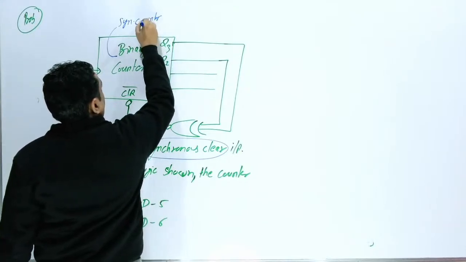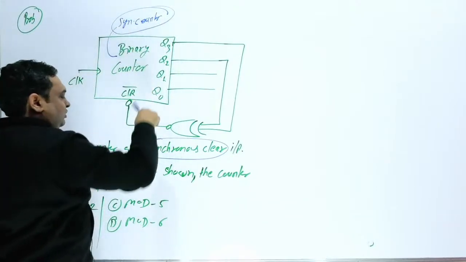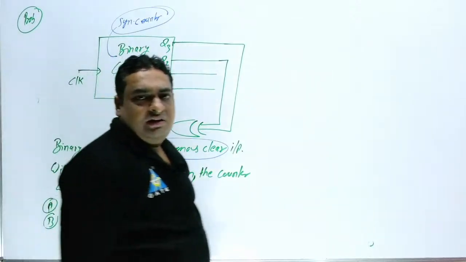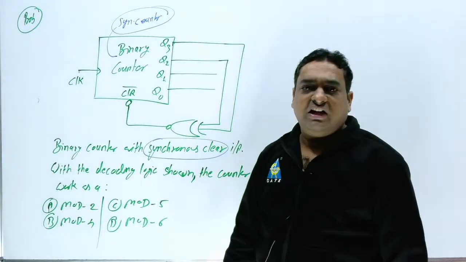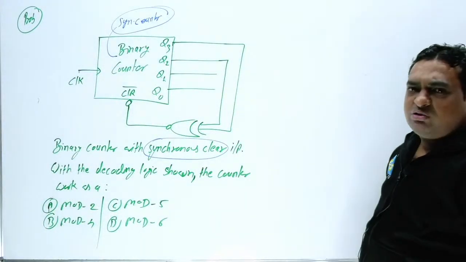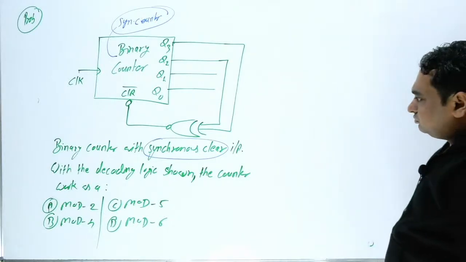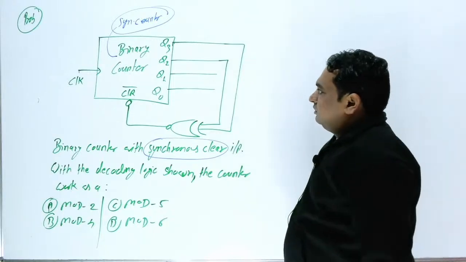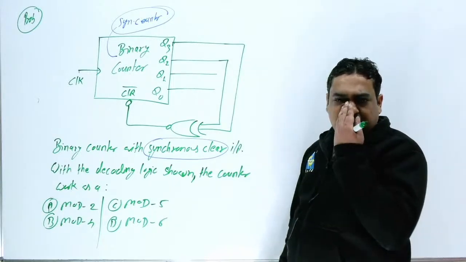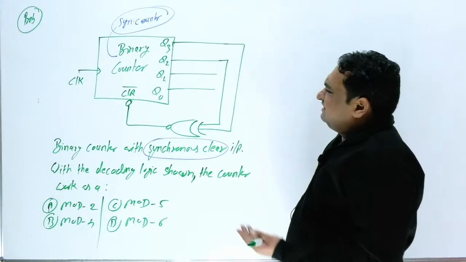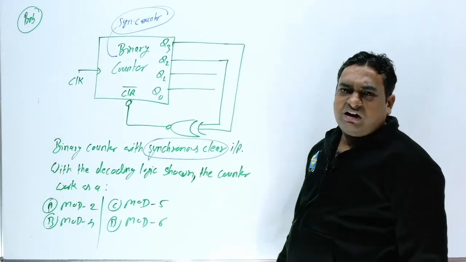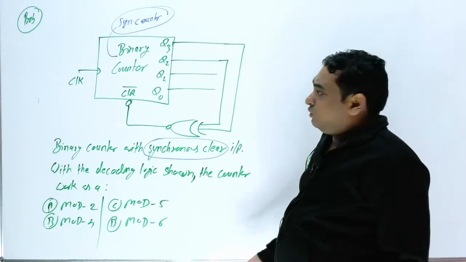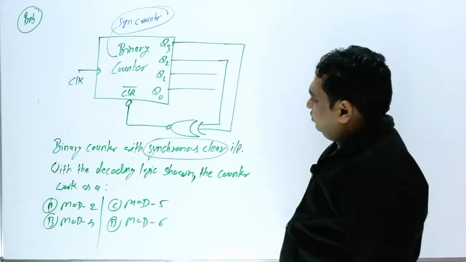Already I told you, in a synchronous counter we use synchronous clear, and in an asynchronous counter we use asynchronous clear. There are many reasons behind this. If you attend my theoretical classes, I will tell you. Right now just remember this in general.